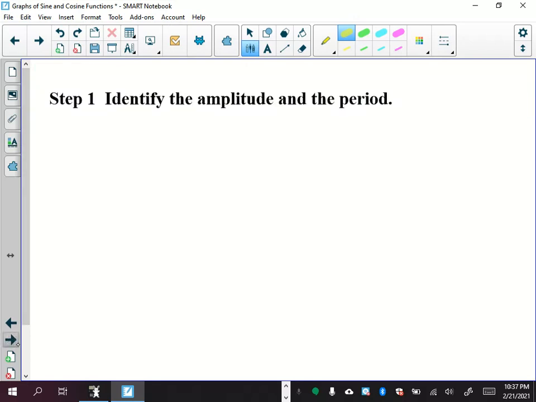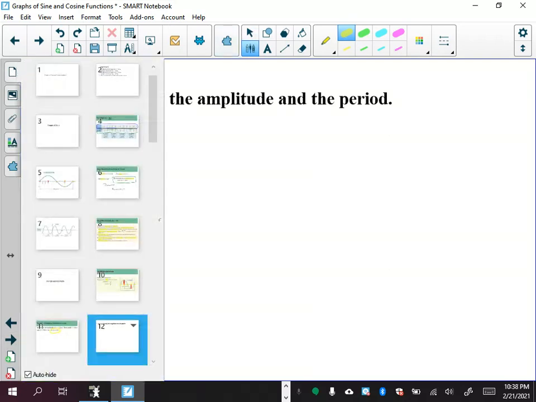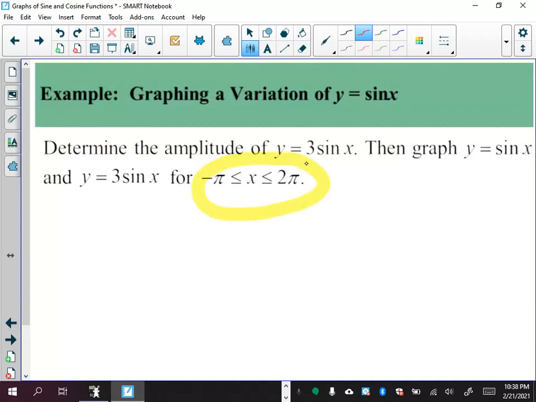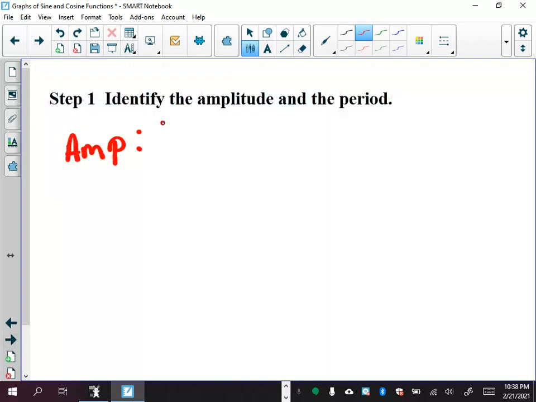So what we're going to do is determine what the amplitude and the period is for this right here. So I'm going to clear that. All right. So our amplitude is the number that sits in front of, in this case, the sine. So the amplitude here is the absolute value of 3, which is simply going to be 3.